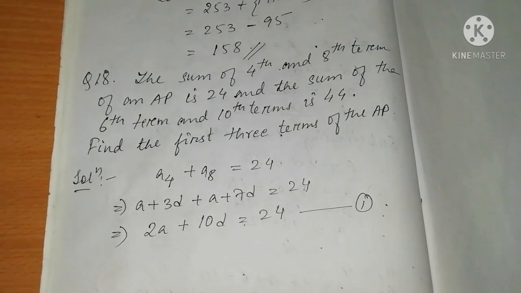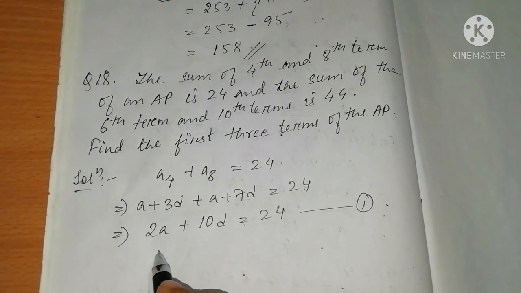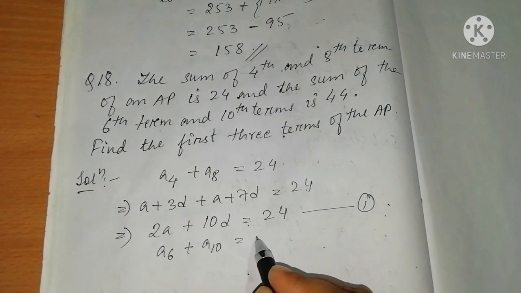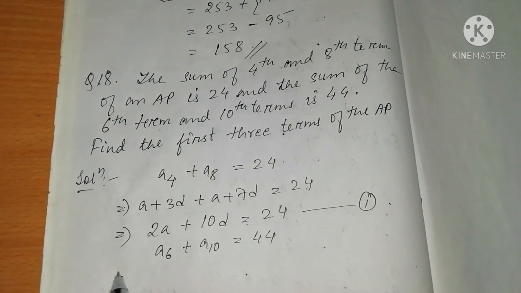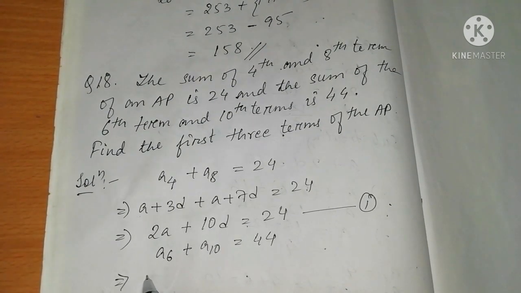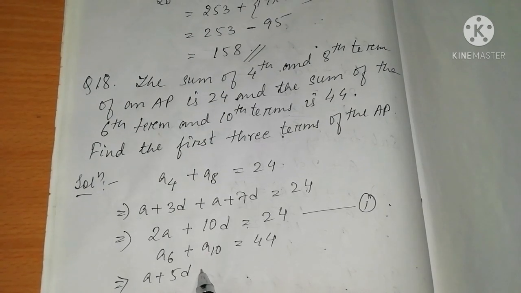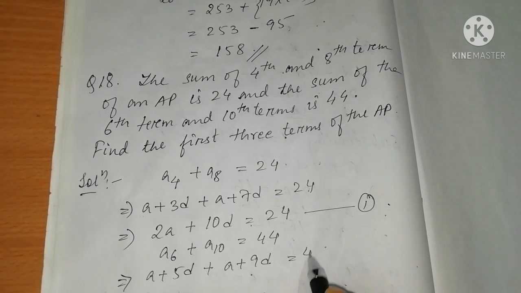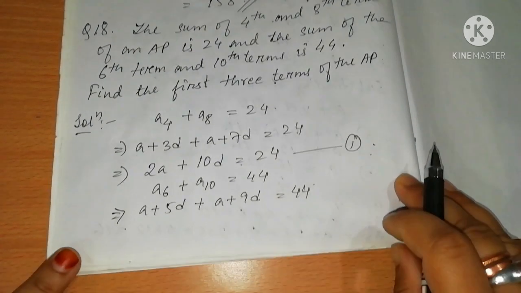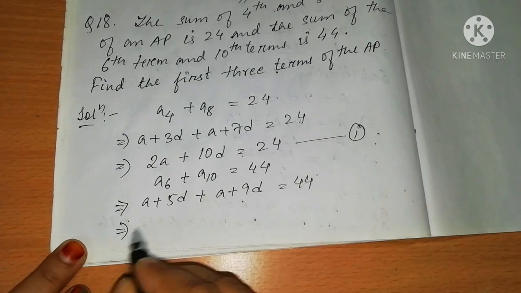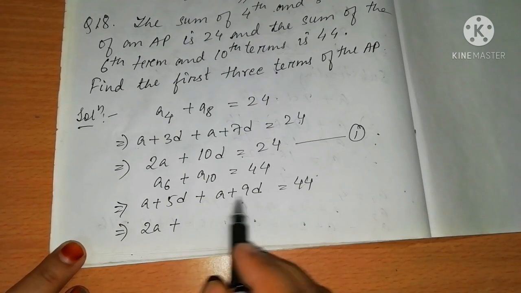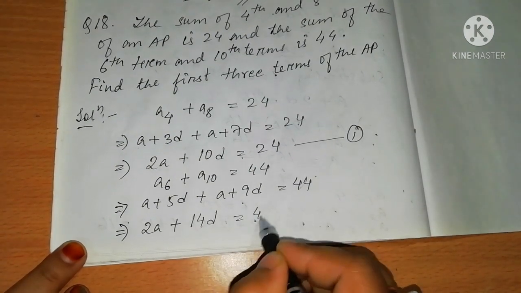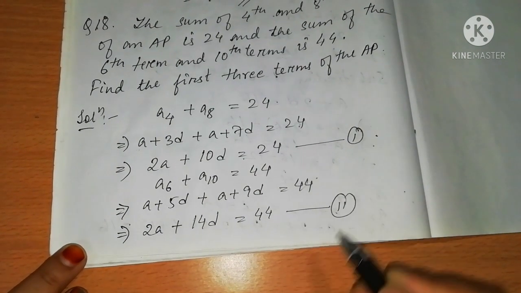Then the sum of the 6th term and the 10th term. 6th term, that means A6. 10th term, that means A10, equal to 44. 6th term in general form we can write as a plus 5d. 10th term I can write as a plus 9d, is equal to 44. So a plus a, which will be 2a. 5d plus 9d will be your 14d, is equal to 44. So let us take this as equation 2.